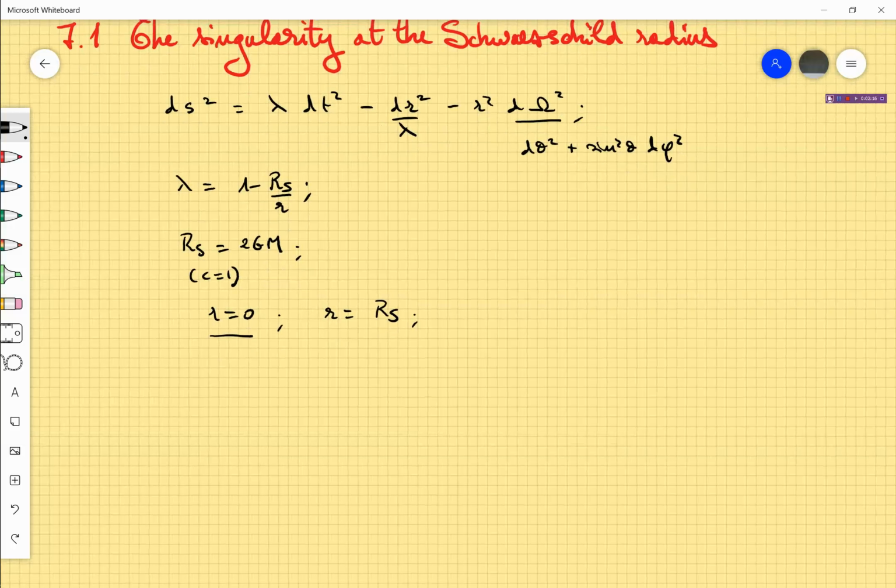But we have to discuss what we mean by divergence. In the case of the Maxwell field, in particular of the Coulomb solution, what we have is that this component of the electromagnetic two-form is, I don't care very much about the units, proportional to 1 over r squared, which clearly diverges at r equal to 0. Well, in this case, this is gauge invariant.